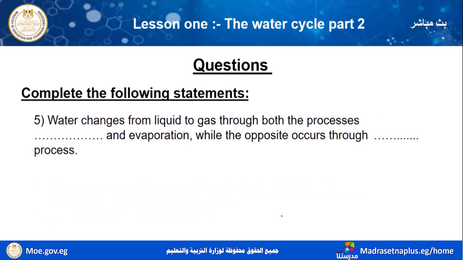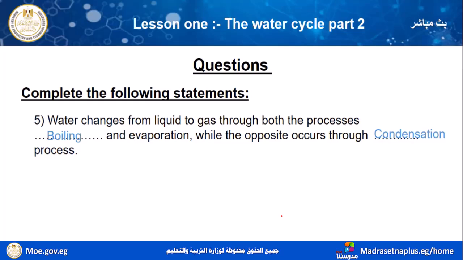Question number 5. Water changes from liquid to gas through both processes, boiling and evaporation, while the opposite occurs through condensation. We said when water changes from liquid state to gaseous state, the two processes have the same thing, evaporation and boiling point.